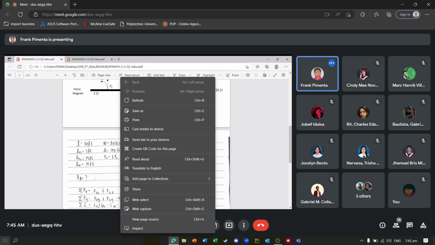O dito, what are these quantities? Ano itong pinaglalagay dito? Are they given or what? Also, I observed we have a module.